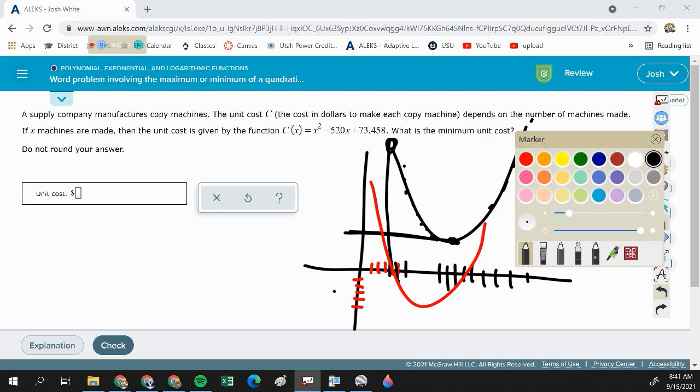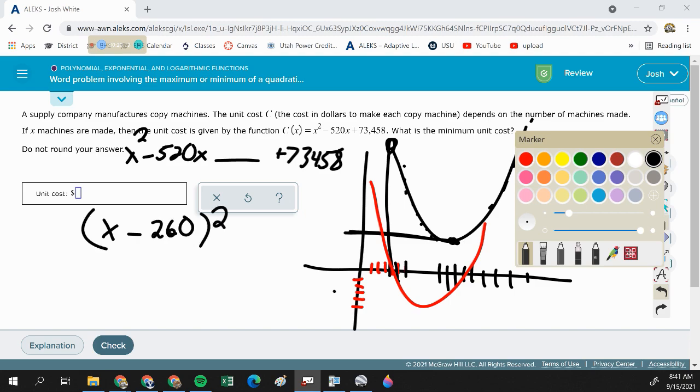Okay. So x squared minus 520x, leave a space, plus 73458. So x minus, what would that be, 260? And then 260 squared is 67600.